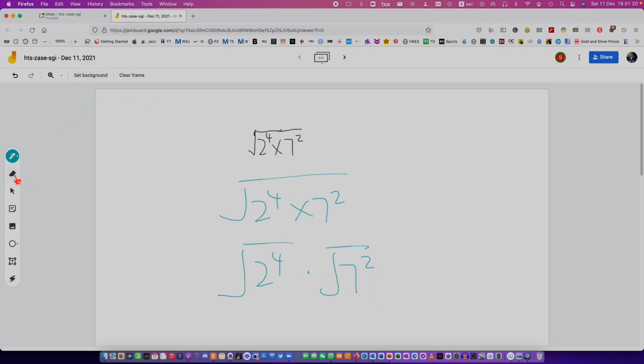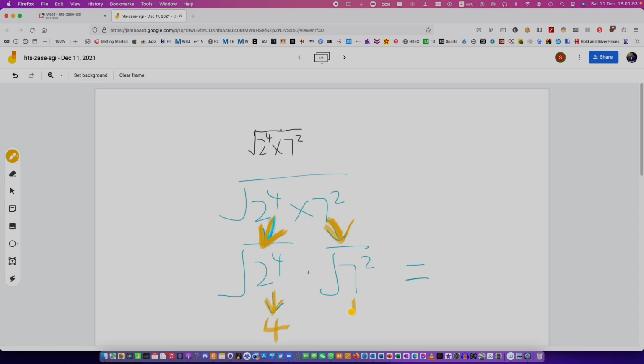What I have done here is I split this. So what do you get for square root 2 to the power of 4? Can you use a calculator? So I split it, and like you say, you get 4.